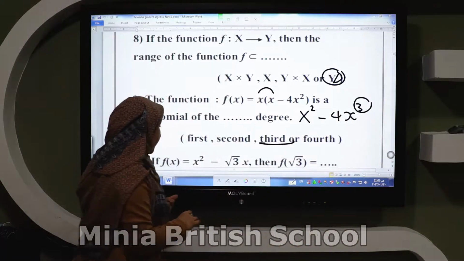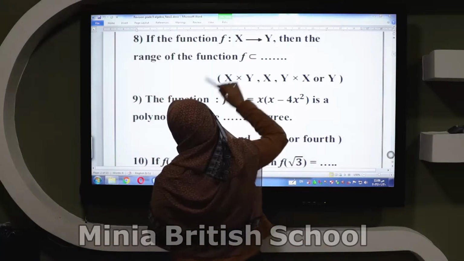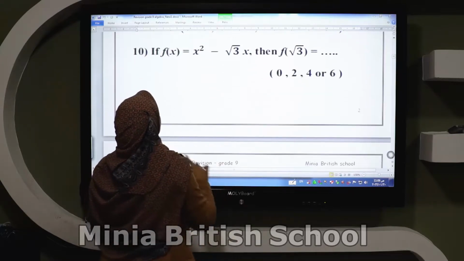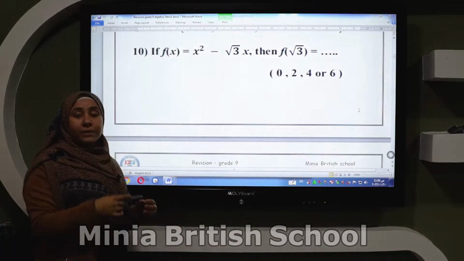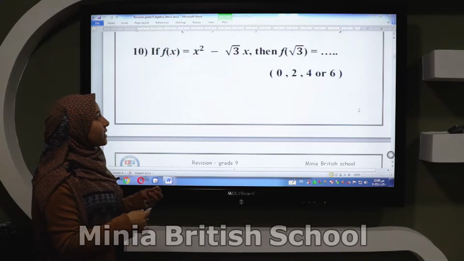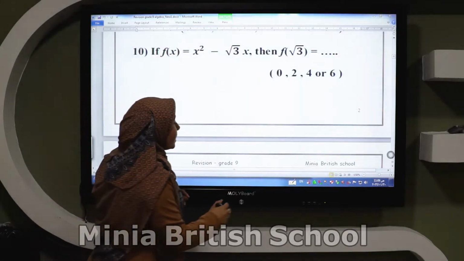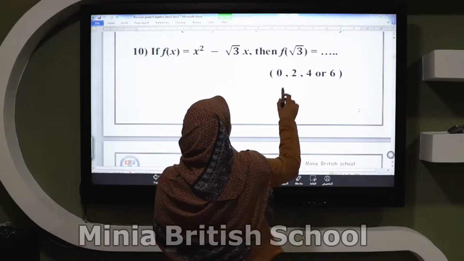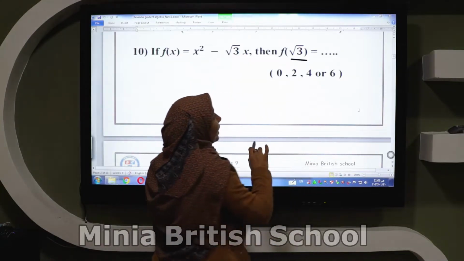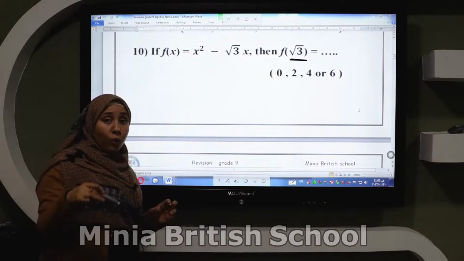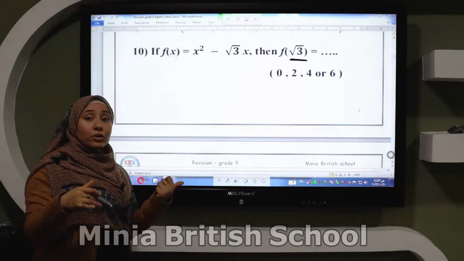Third degree. The next, number 10, if f(x) equals x power 2 minus root 3 x, then f(root 3) equals what? Here I mean the value of x equals root 3, and I need to find the value of y when we substitute by root 3.